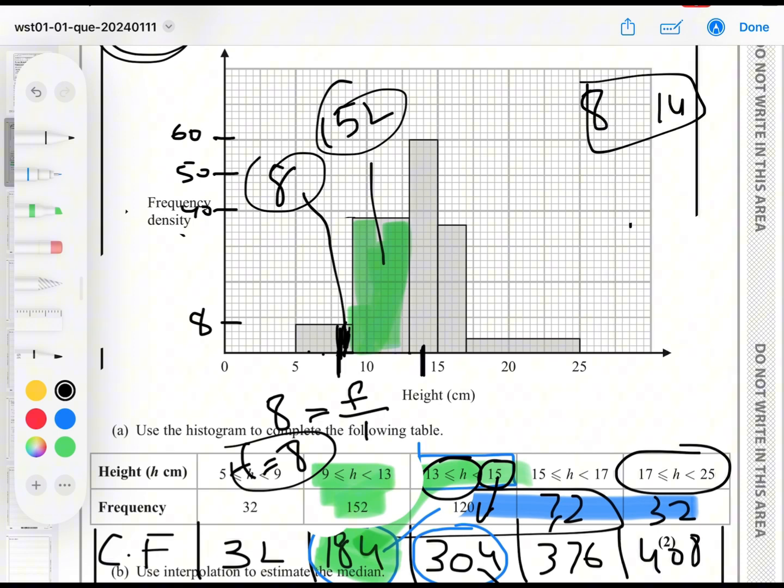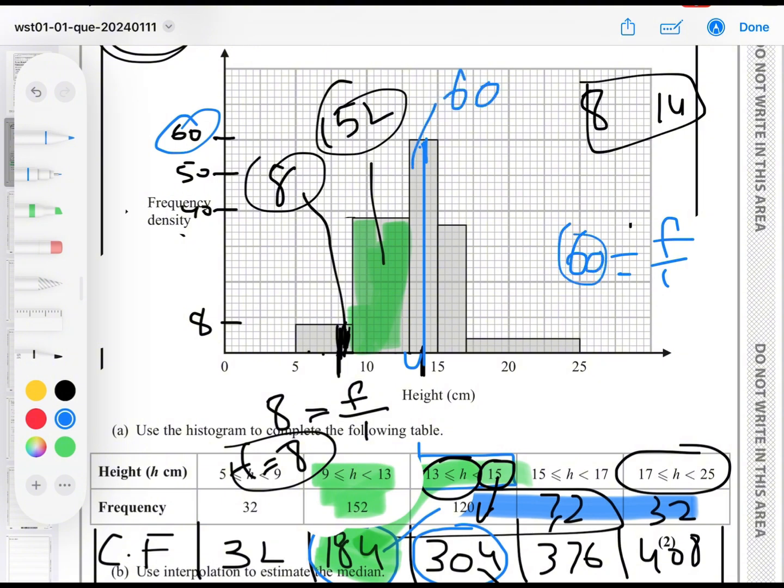Now moving toward the last portion. The class width here is 1. The frequency which we have to find, and the frequency density is 60. So there you go.